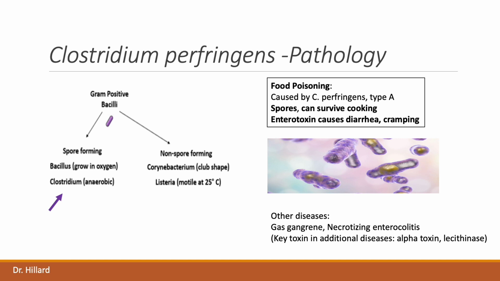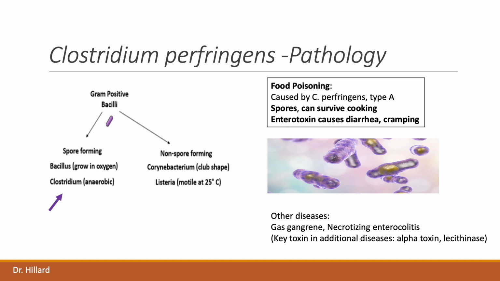Clostridium perfringens is a gram-positive rod, and like all Clostridium species, it is anaerobic and spore-forming. Like with Bacillus cereus, the spores in Clostridium perfringens are able to survive cooking, especially if the food is slowly cooked.